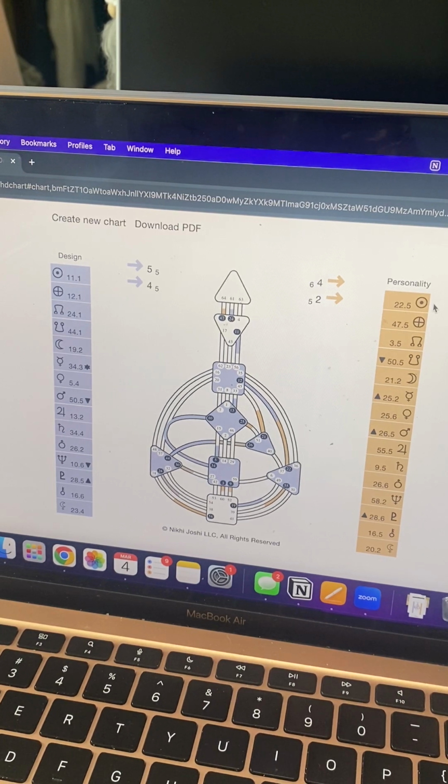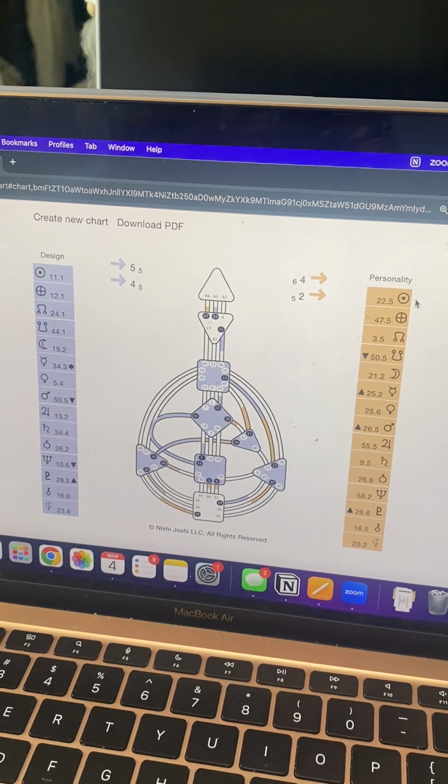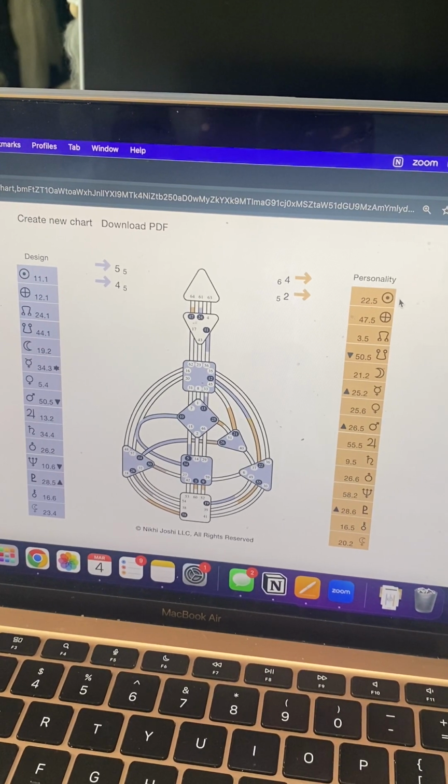So back to this gate 22, I think of it as this energy of grace that envelops everyone and everything around them with this love and acceptance of whatever is happening. And that comes from this energy of listening.